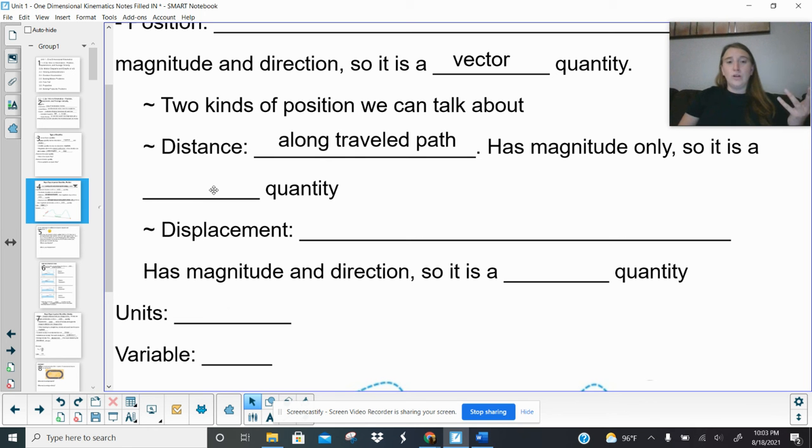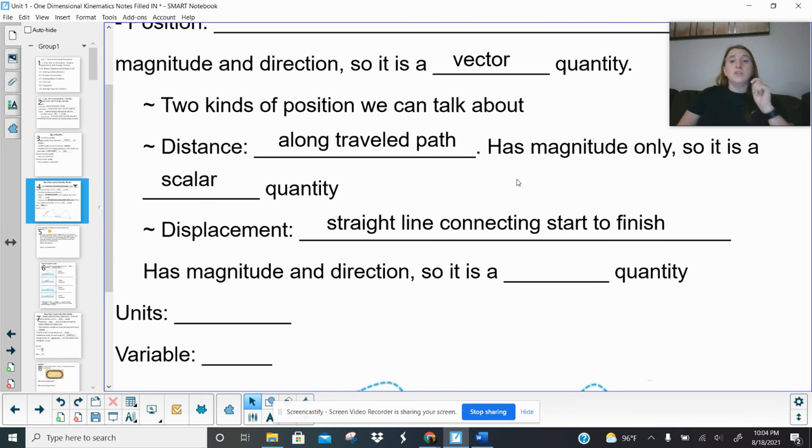So if it only has magnitude, what type of quantity is it? A scalar quantity. If I just say, oh, I traveled 50 meters, that's just distance because we don't know which direction you were going. And it really doesn't tell us how far away you are from home. You could have traveled 50 meters back and forth. You could have traveled 50 meters straight. So it doesn't tell us where you are in relation to home.